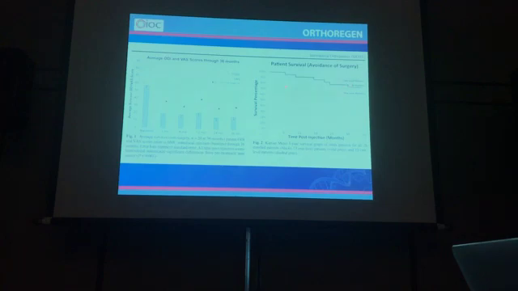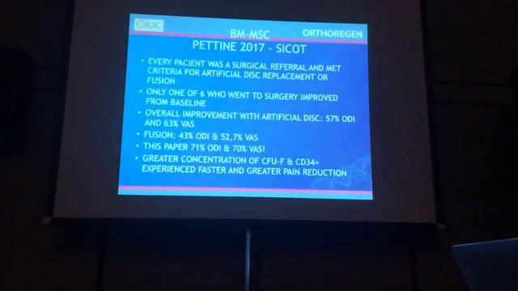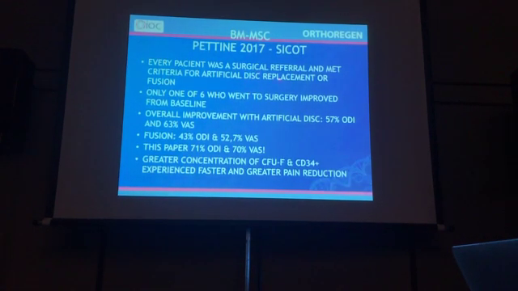He remained with this cohort, around 80%, for 3 years. But I have to remind you that every patient was a surgical candidate and met the criteria for either artificial disc replacement or fusion. Only 1 of the 6 dropouts who underwent surgery did improve.